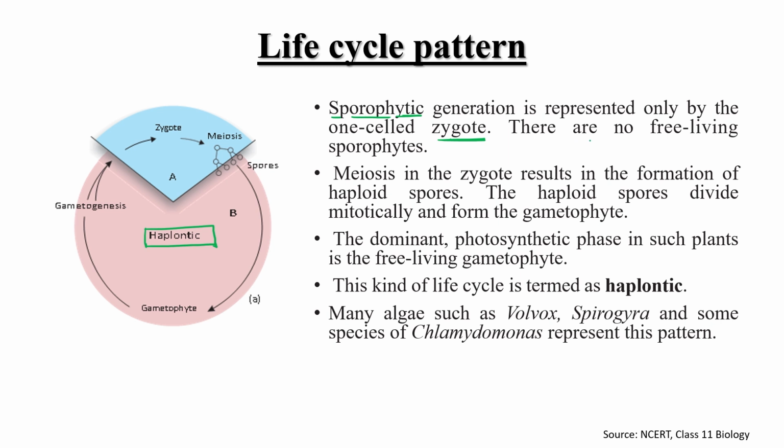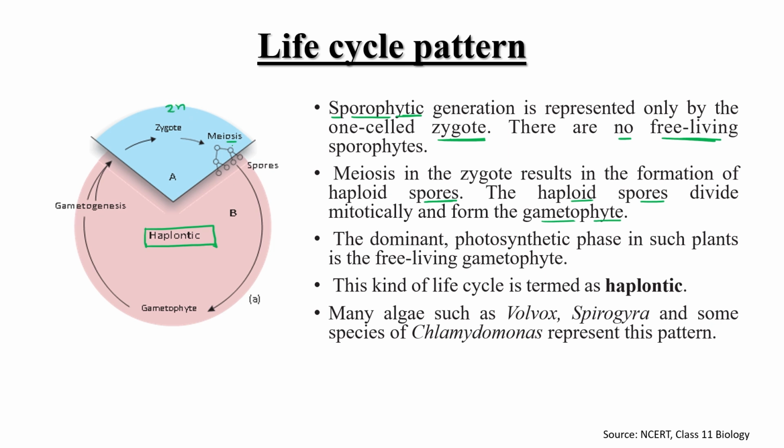Okay, and this sporophyte is not free living. After meiosis, the zygote results in the formation of haploid spores. The haploid spores divide mitotically and form the gametophyte. This is the sporophytic form, which is 2n in number, right?